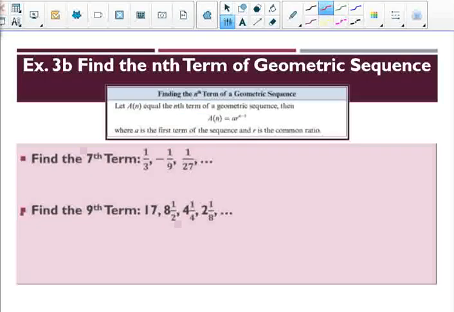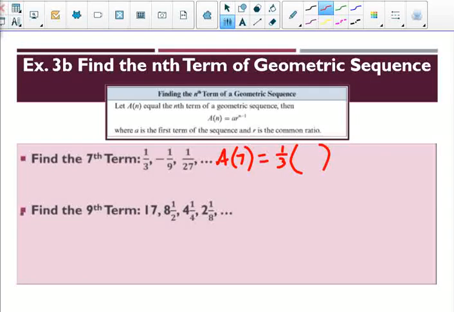So let's look at the next example. Find the seventh term: 1/3, negative 1/9, 1/27. So I need to use my formula. I need to find the seventh term, and the first term is 1/3, and I need to find the common ratio.